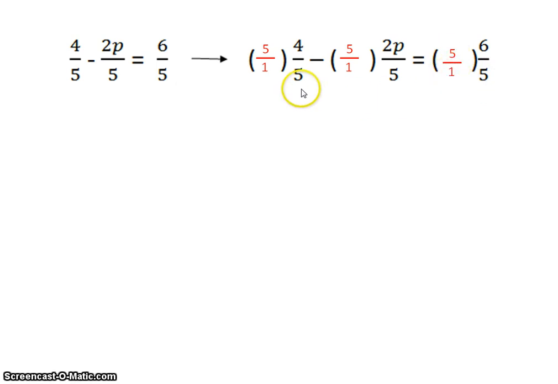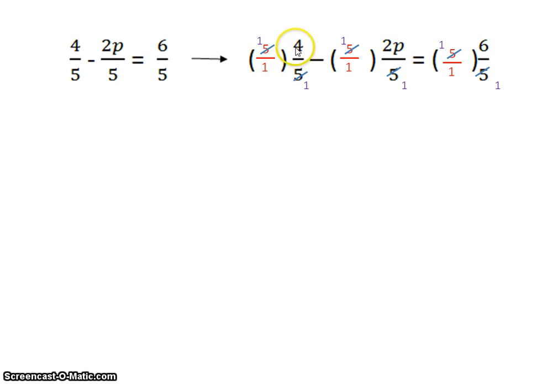Now let's simplify. 5 goes into 5 one time, and I can divide that out of the numerator. 5 goes into 5 one time. This 5 goes into 5 one time. This will simplify to 1. This will simplify to 1. And I'm going to end up with 4 times 1, which is 4, over 1.